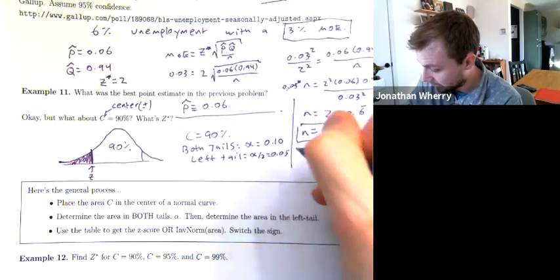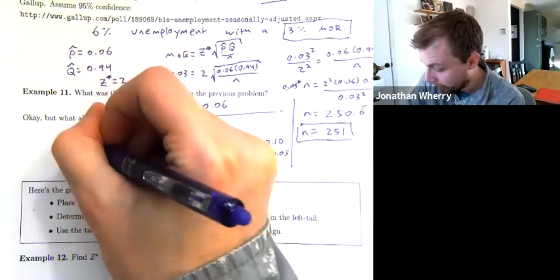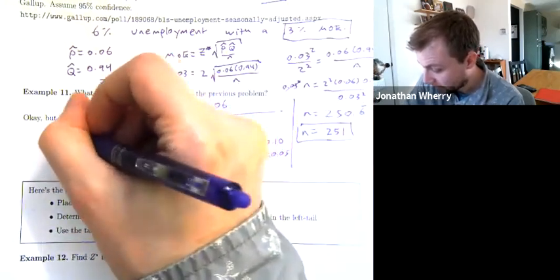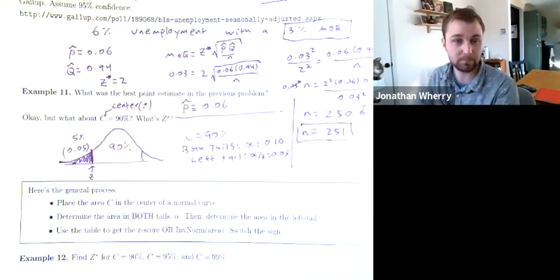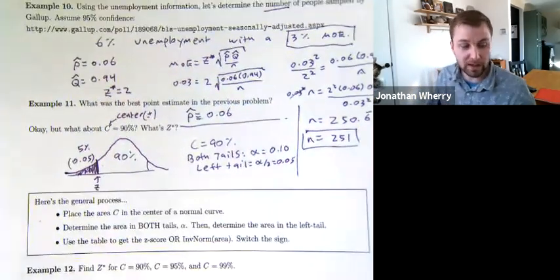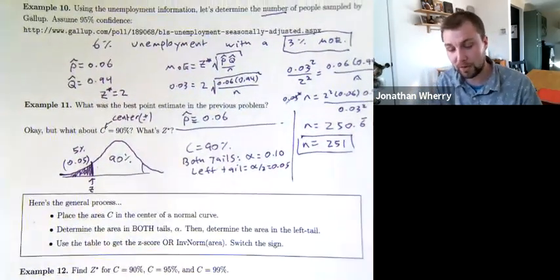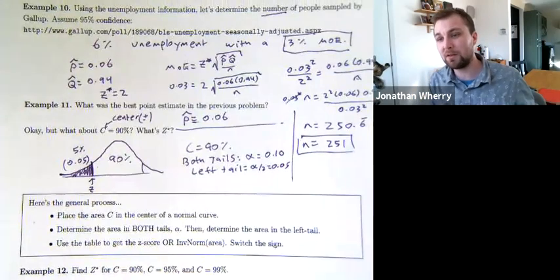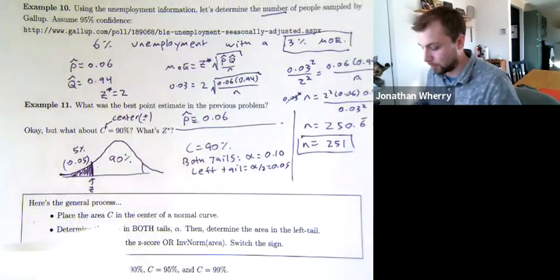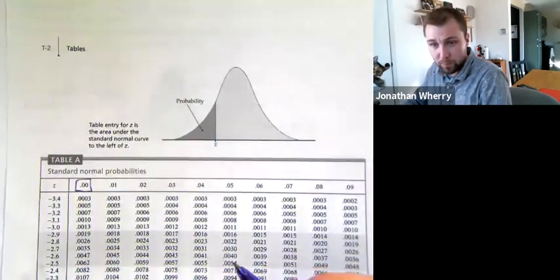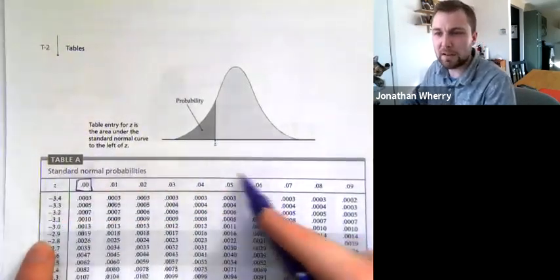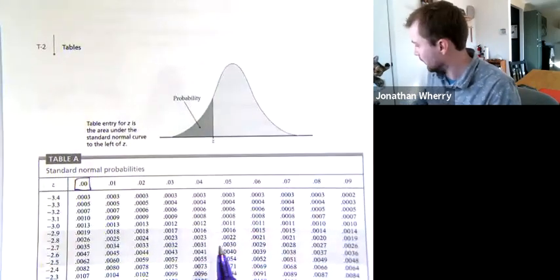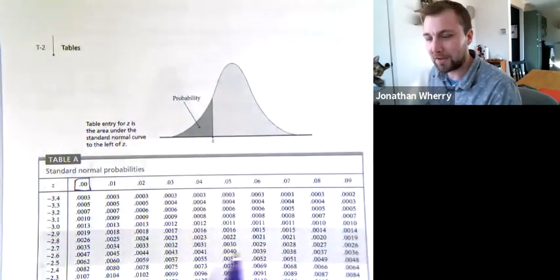Half of 10% is 0.05 or 5% sitting in this tail here. I'm going to look that up in my normal table. When I look this up in the normal table, I'm going to do it a little bit different than typical. I'm not going to go 0.05 on the outside because this is not the Z-score. I'm going to have 0.05 on the inside.